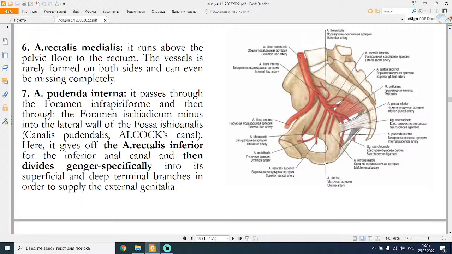Here it gives off the arteria rectalis inferior for the inferior anal canal, and then divides gender-specifically into its superficial and deep terminal branches in order to supply the external genitalia.